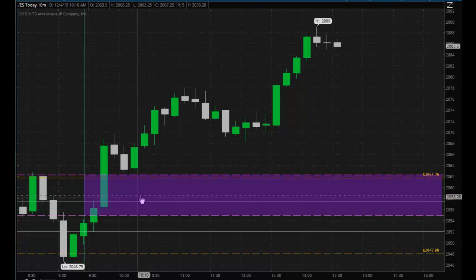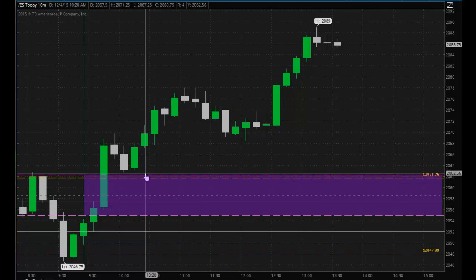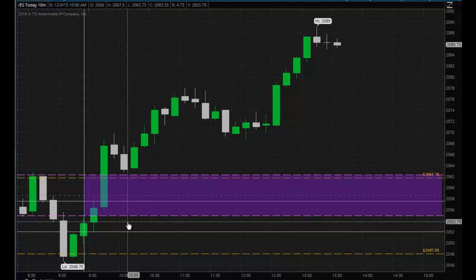This white dotted line is the daily pivot, and of course this upper one is the pivot range high, this lower one is the pivot range low. What you want to watch for is where you closed in relationship to that pivot range. Well, yesterday we closed below that pivot range, so this pivot range should have been resistance. It should have been a resistance zone today.